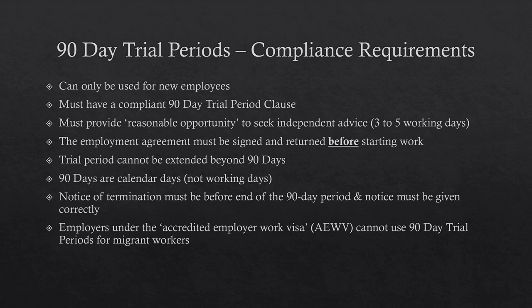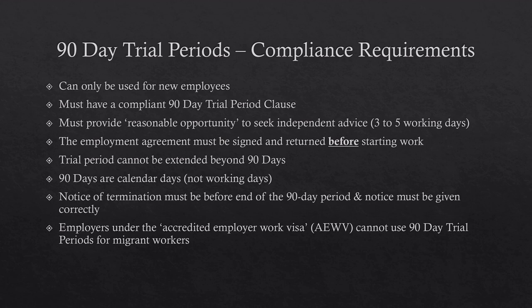And notice of termination, if the employer has made the decision to terminate under the 90-day trial period, must be given before the end of that 90-day period. And you must give notice correctly. So you need to consider the wording of the clause and the employment agreement in terms of how you give notice there. And what I'm alluding to is, do you have the option to put the person on garden leave, or potentially maybe pay them in lieu of notice, or are you going to require them to work out a reduced notice period, say?